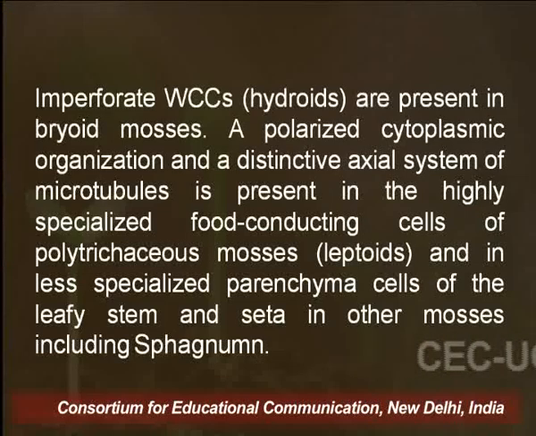So, as far as the first identification of such conducting tissues is concerned, we have found such traces in the form of WCCs or water conducting cells, also termed hydroids, and the food conducting cells, FCCs, also termed leptoids.